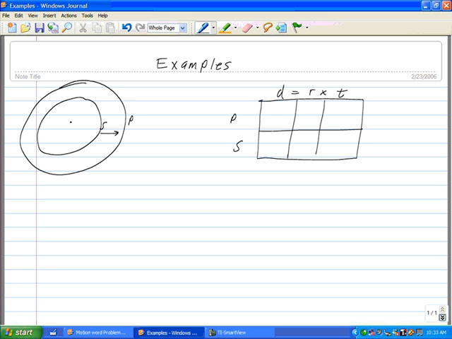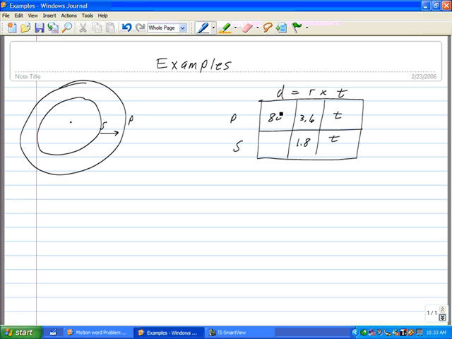P waves have a velocity of 3.6 miles per second, while S waves have a velocity of 1.8 miles per second. And the question is asking how long. As soon as I say how long, you know it's t that you're looking for. And the question says how long before they are 80 miles apart.